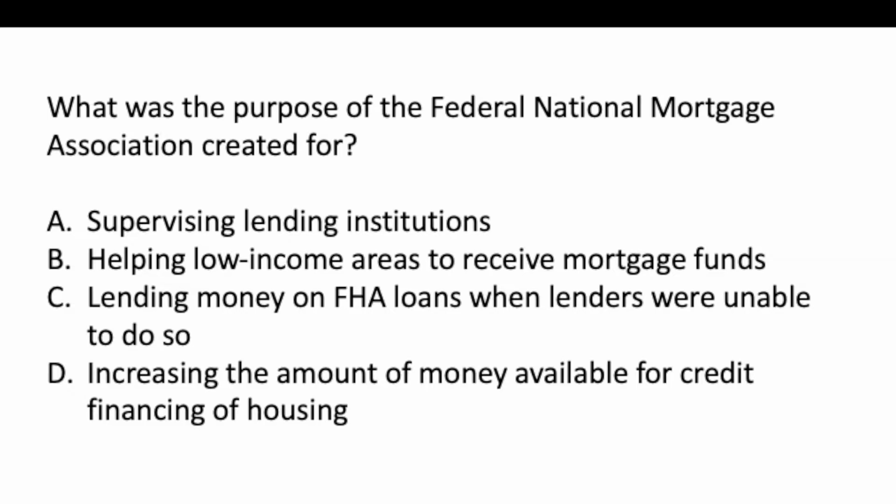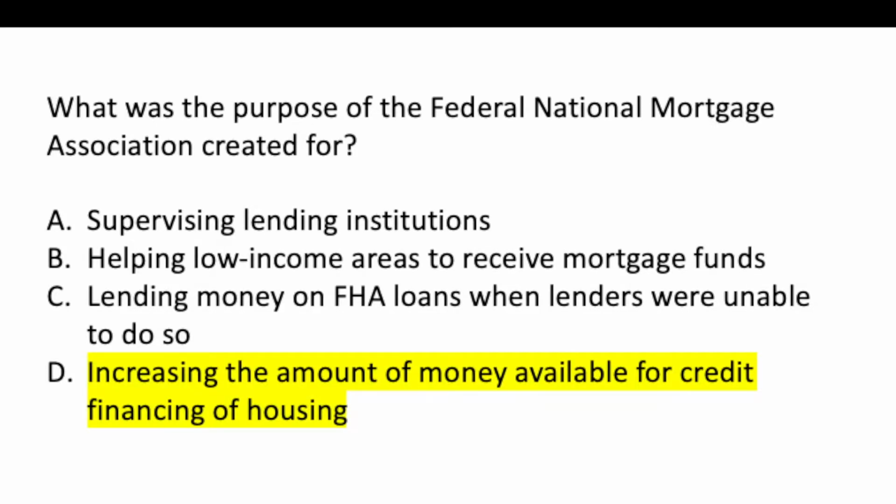What was the purpose of the Federal National Mortgage Association? You know the answer. It was for increasing money. It's okay. I was fixing a couple of things and I forgot to back up a slide, but Fannie Mae, the Federal National Mortgage Association, was created to help keep money circulating in the marketplace.